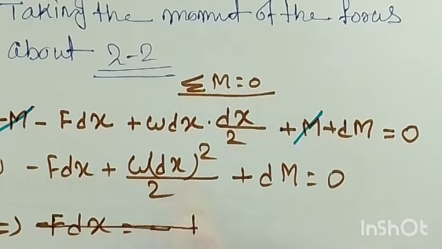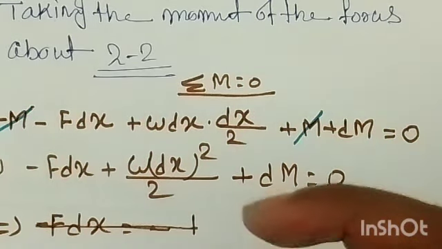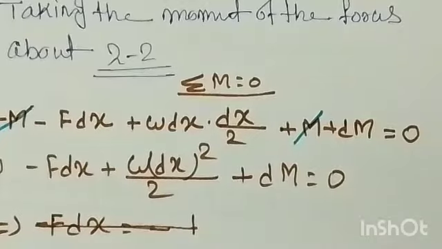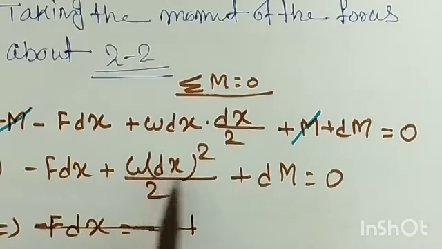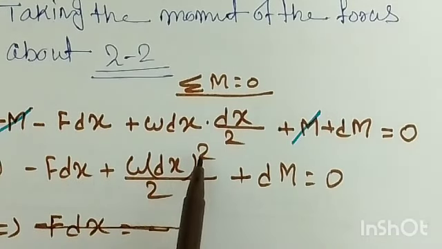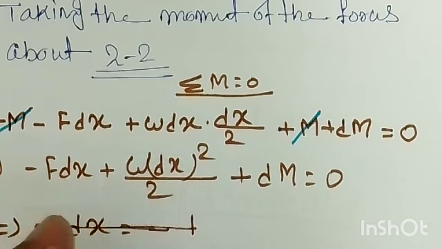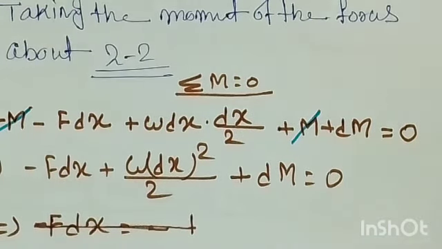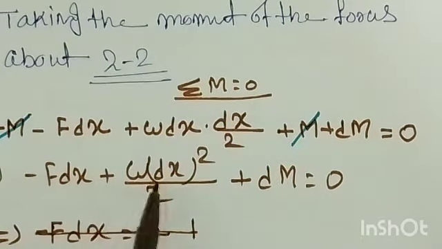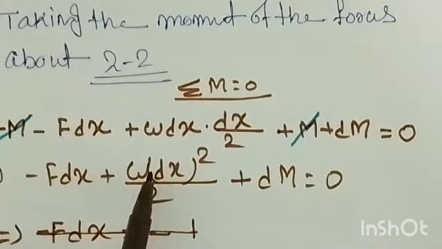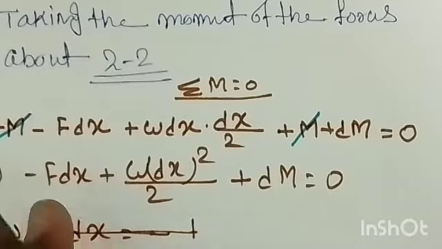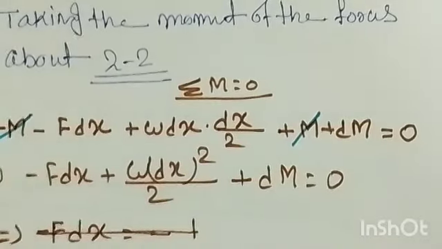Now dx is a very small quantity, so we are neglecting the higher power of a small quantity. Here the power is 2, and dx is a small quantity, so this whole term will be negligible from the equation. The remaining is F dx and dM.